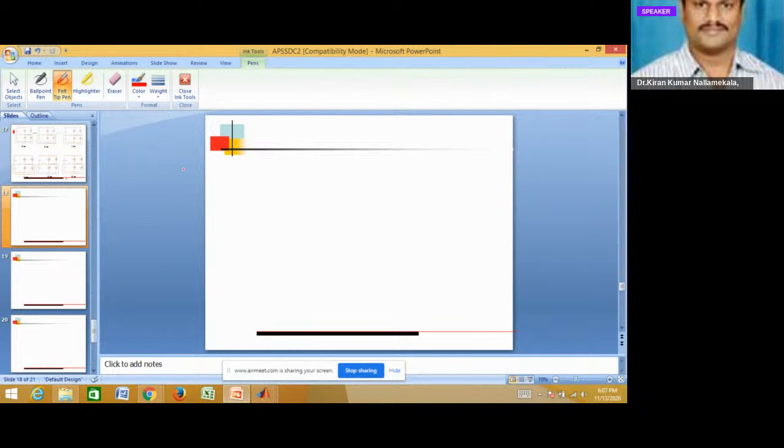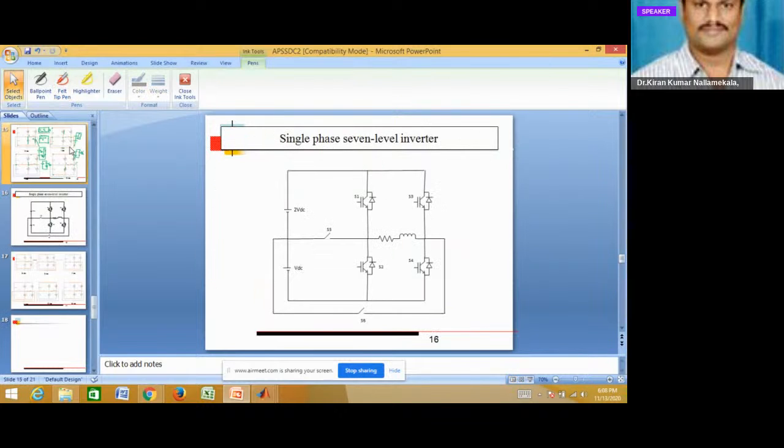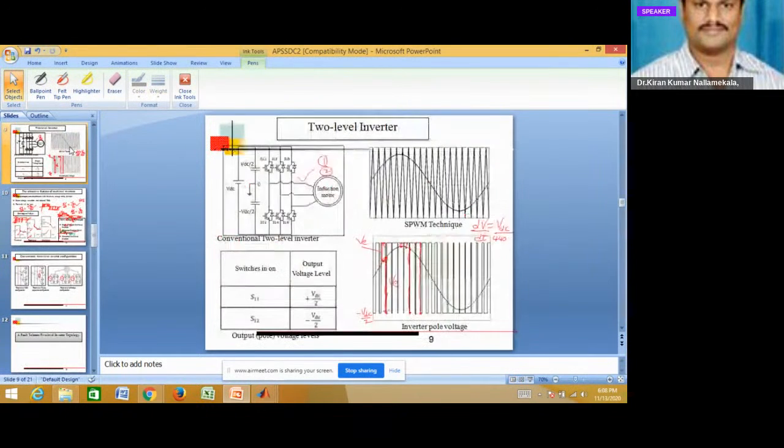So a conventional three-phase two-level inverter. We have seen about this three-phase two-level inverter. This is the circuit diagram.